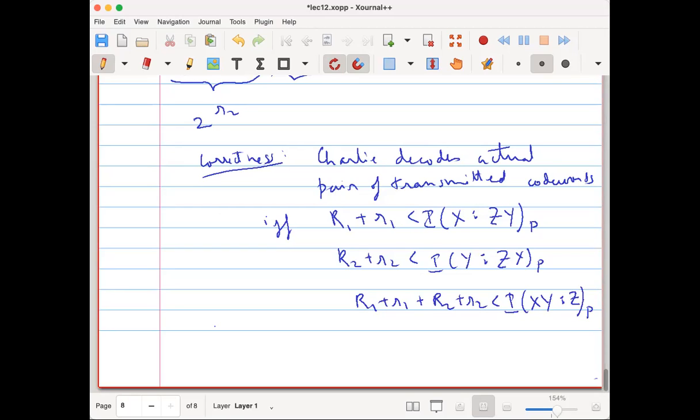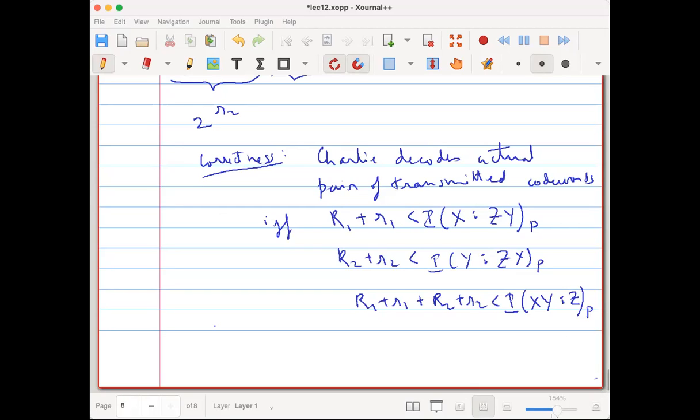And as long as the capital R rates and the smaller rates satisfy this constraint, Charlie can decode the actual pair of code words. So correctness is solved. Is this clear so far? Okay. So let's go ahead.